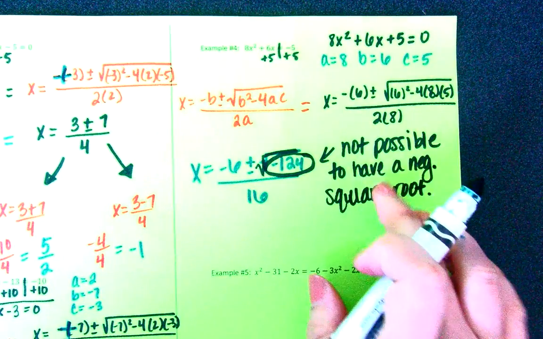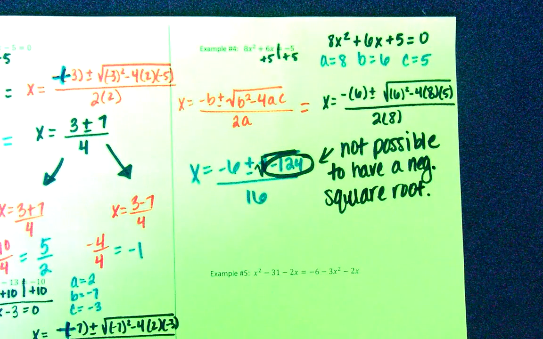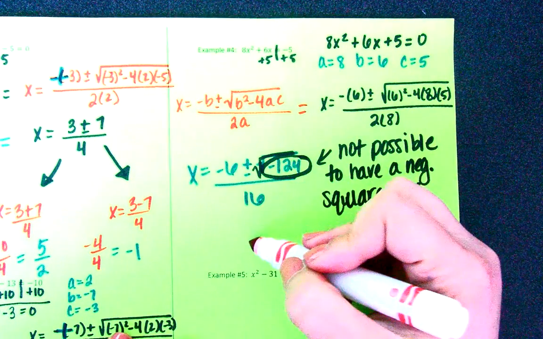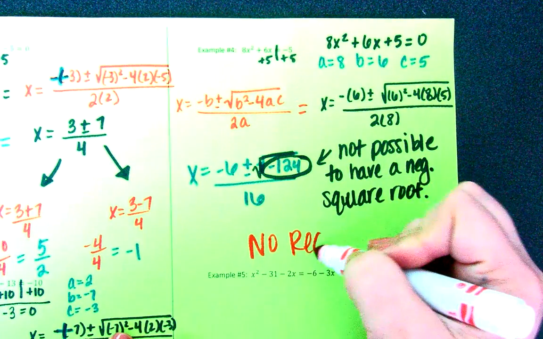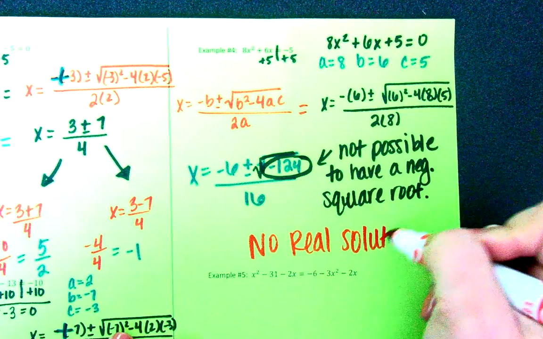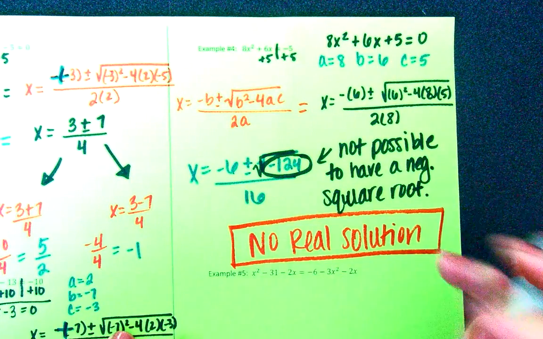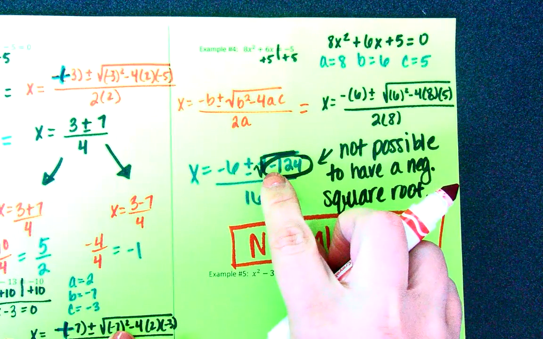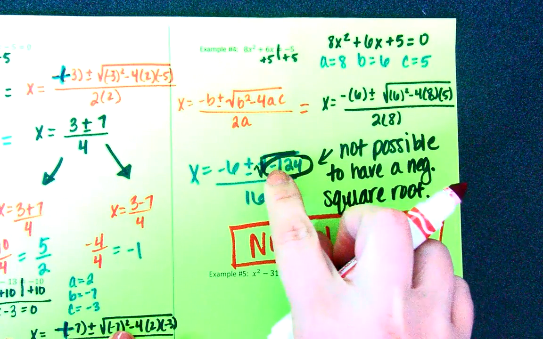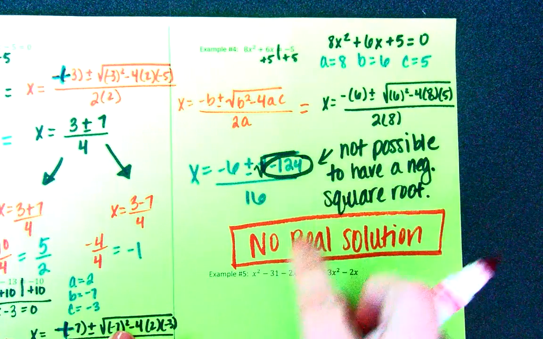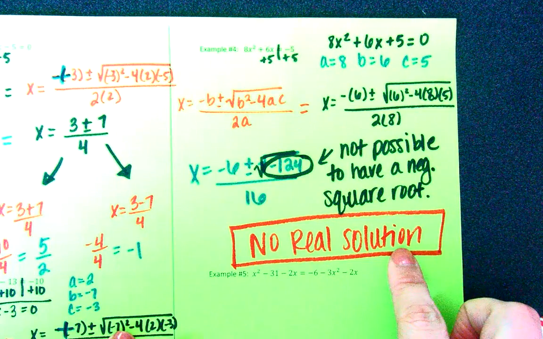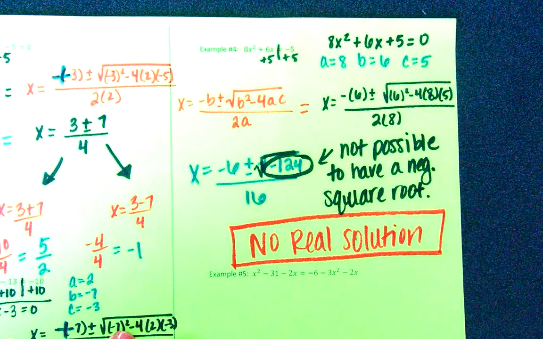So since it's not possible to have a negative square root, your final answer is no real solution. Anytime you end up with a negative underneath your radical, your answer will always be no real solution. You do not have to go on any further.